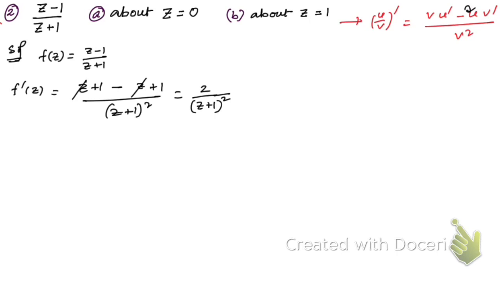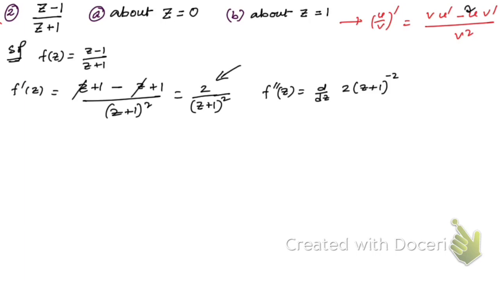Now how to find the second order derivative of f of z? This can be written as 2 into z plus 1 whole to the power minus 2.